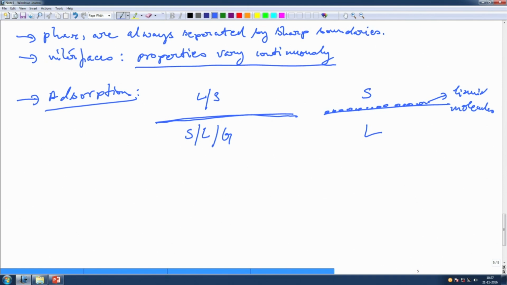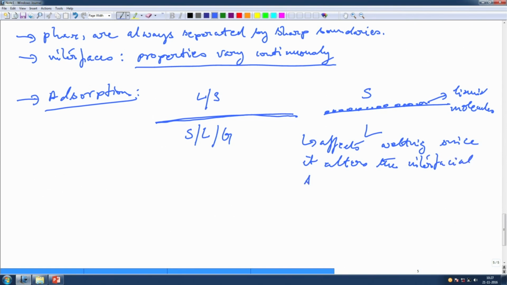So, this basically affects wetting, since it alters the interfacial tension of the solid-liquid interface. If we consider something like a surface pressure, how would you write it?